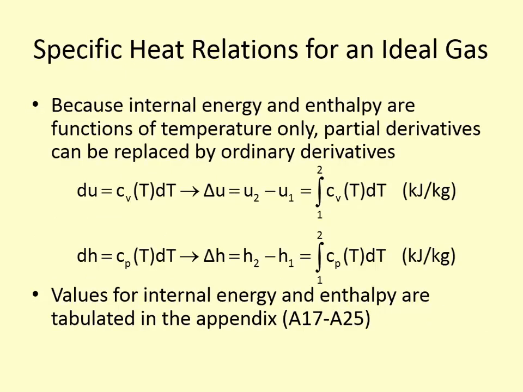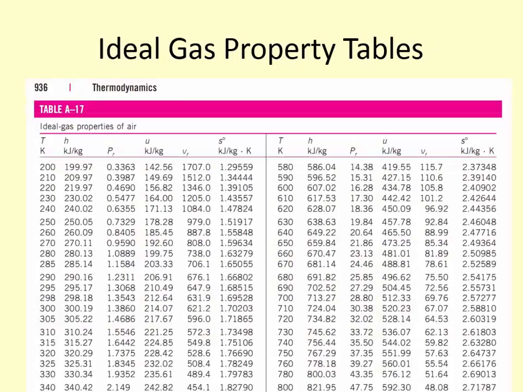Okay, so because they're functions of temperature only, we can replace our partial derivatives from the previous slide with ordinary derivatives, and if we derive this equation, then U2 minus U1 is equal to the integral of CV as a function of temperature dT.